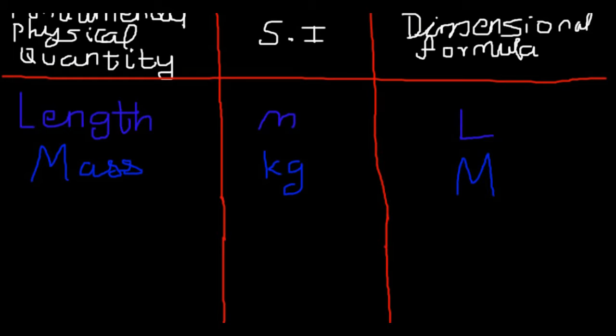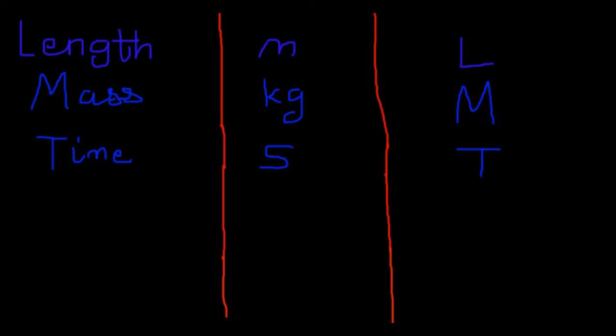The next physical quantity is time. The SI unit is second, which is lowercase s, and the dimensional formula of time is capital T. The next physical quantity is temperature.